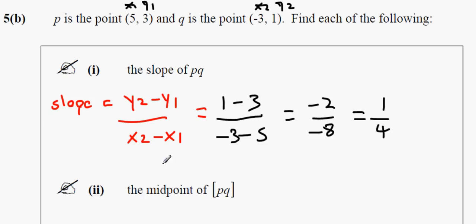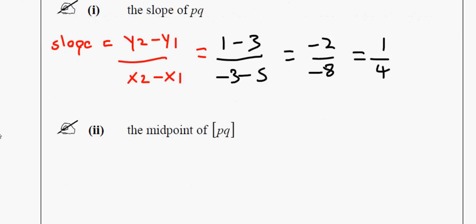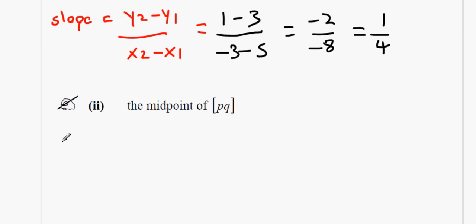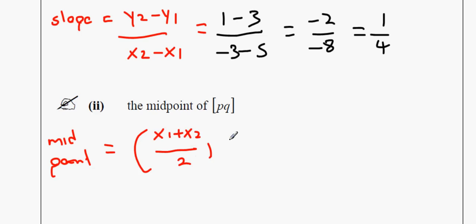Okay, now we're going to look for the midpoint of PQ, and the midpoint formula looks like this. The midpoint formula is x1 plus x2 divided by 2, that gives you the x point, and y1 plus y2 divided by 2 gives you the y point.